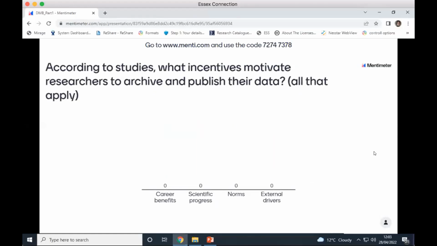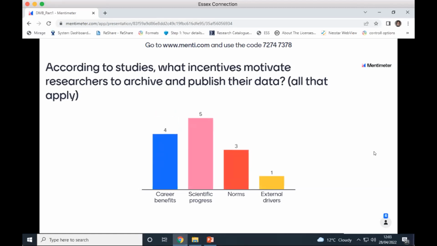Okay, according to studies, what incentives motivate researchers to archive and publish their data? Please tick all that apply. So we have career benefits, we have scientific progress, we have norms, and we have external drivers. Okay, right, so these are actually the 4 most popular answers in the studies, and they're referenced as well in a further slide.